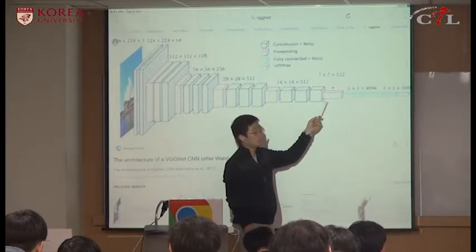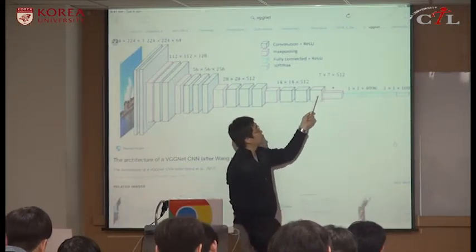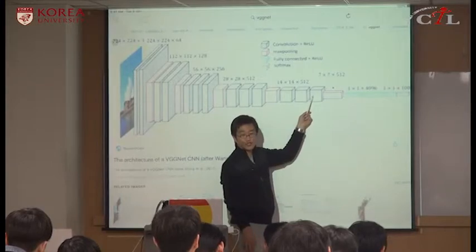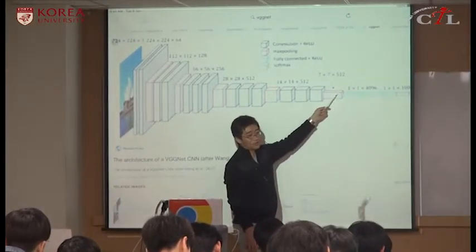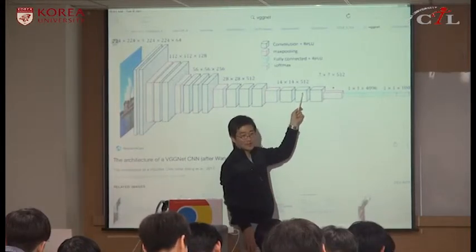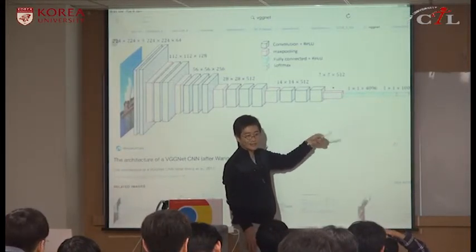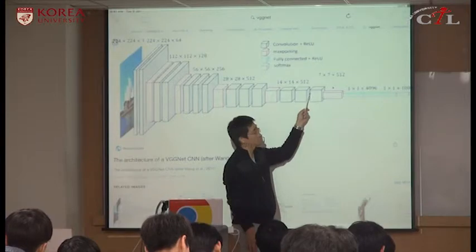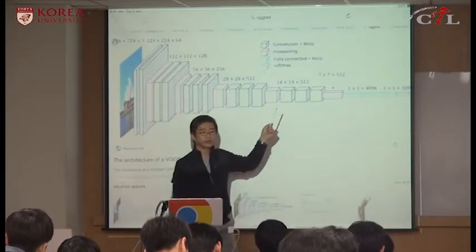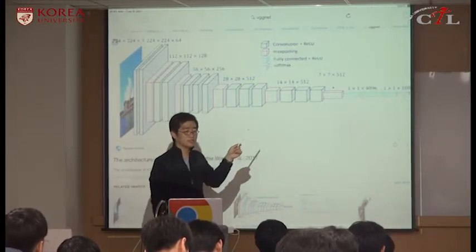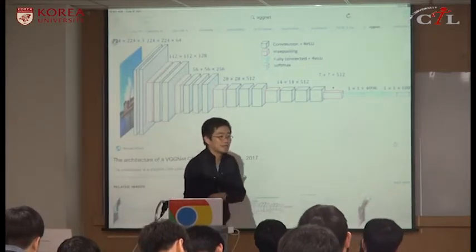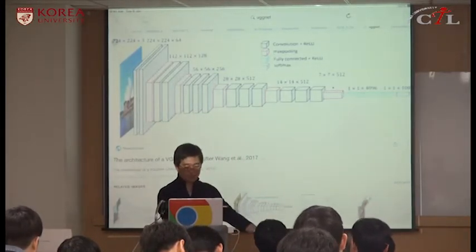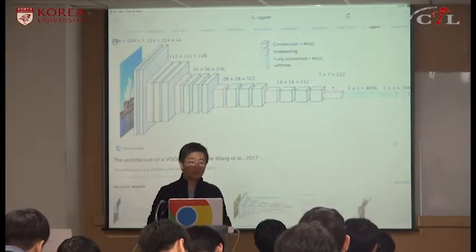So if it was 7 by 7, the input would be 14 by 14, right? Each value will be passed as the same value into one of the 4 pixels, and all the other 3 pixels will have 0 gradient. So that's how we backpropagate through this max pooling layer.